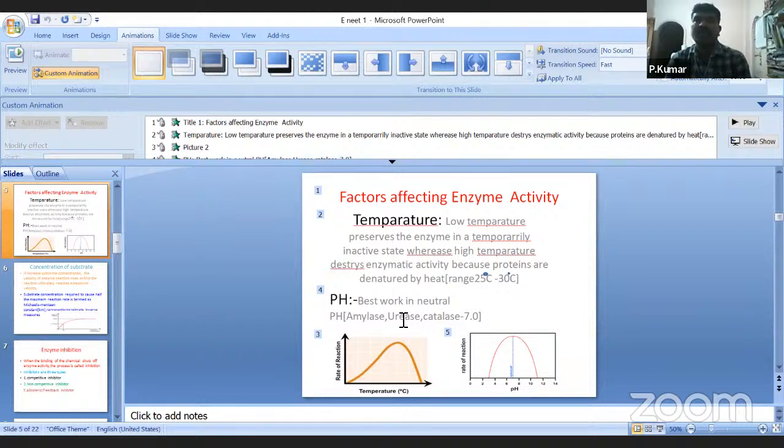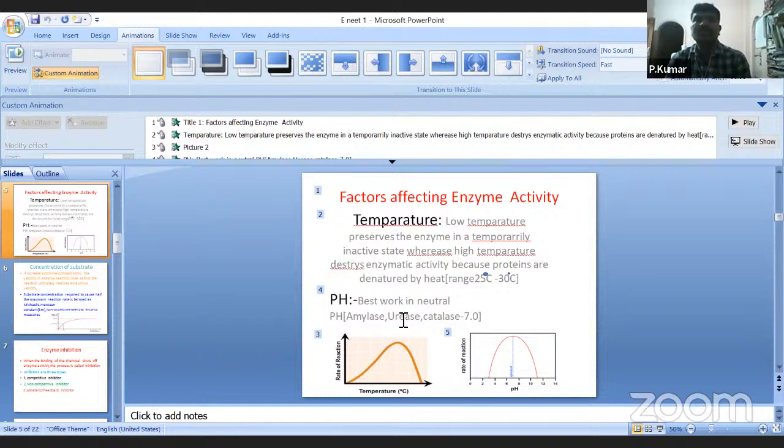Generally the suitable temperature for enzyme activity is 25 degrees centigrade to 30 degrees centigrade. Next one, pH. Enzymes generally work best in neutral, so that is 7.